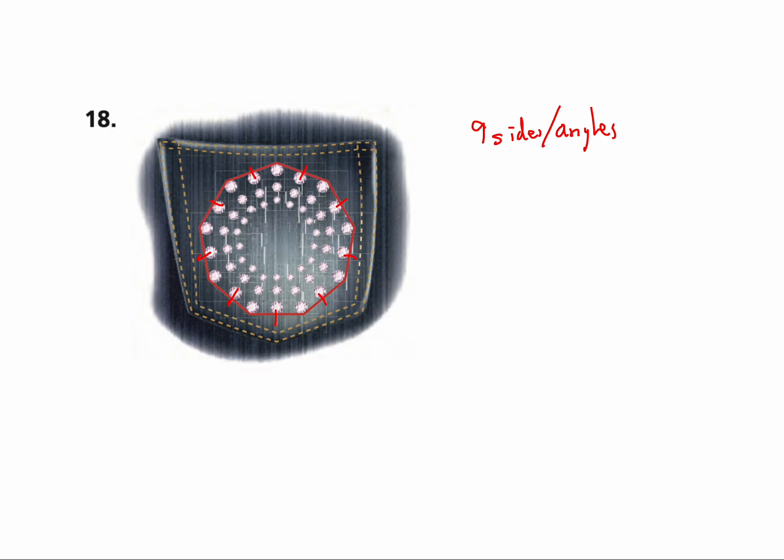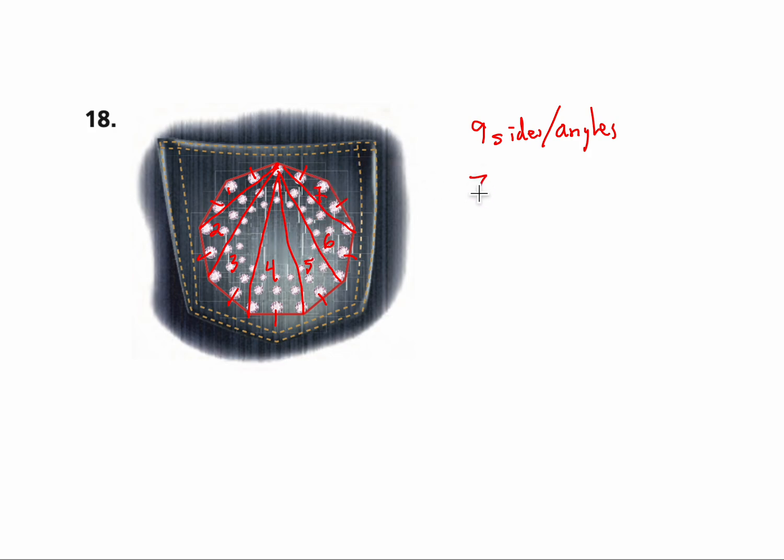So let's do some triangles. I'm going to pick this one at the top, and I'm going to make a line down this way. There's 1 triangle there. Another one down here, that's 2, 3, 4, 5, 6, and here's our 7th one.